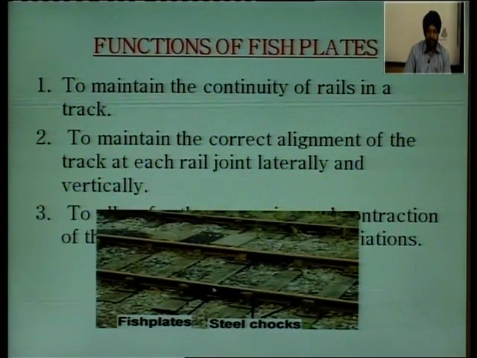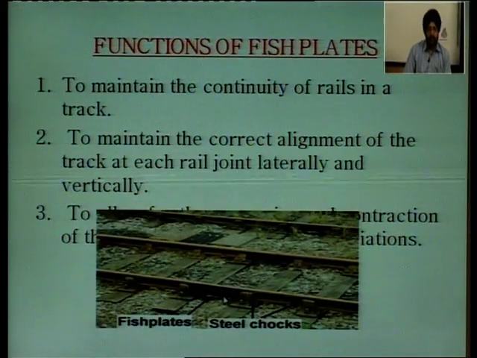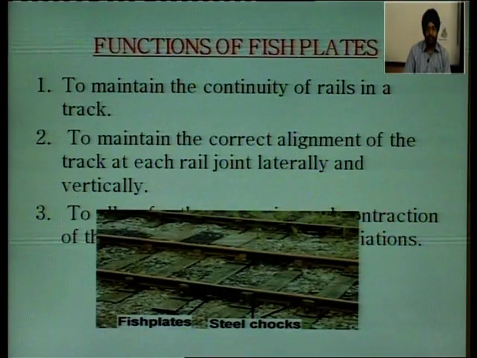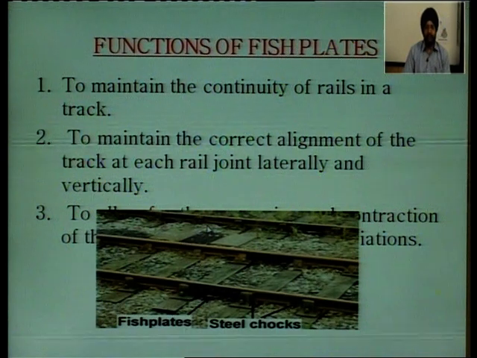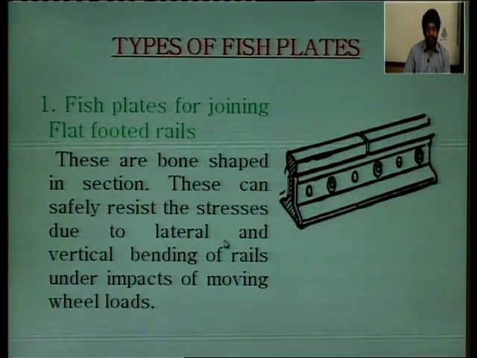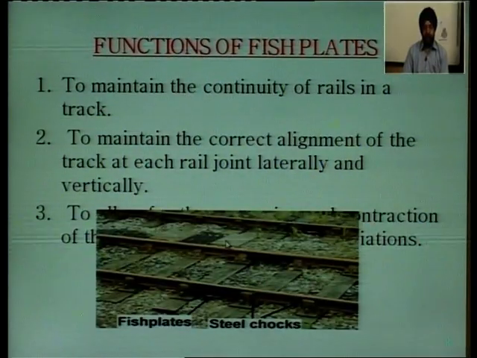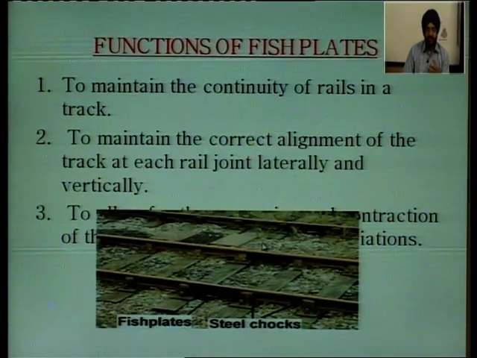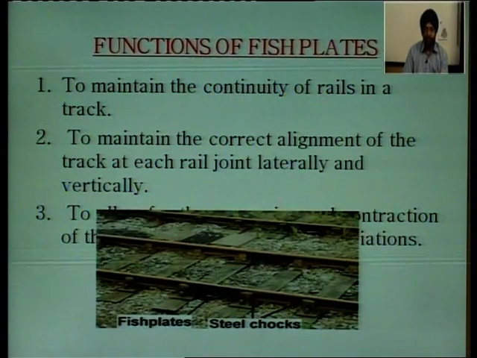Here you can see this is the fish plate used. And secondly, we use the fish plates to maintain the correct alignment of the track at each rail joint, laterally and vertically. And once again, to accommodate the temperature variations, we are using these fish plates.